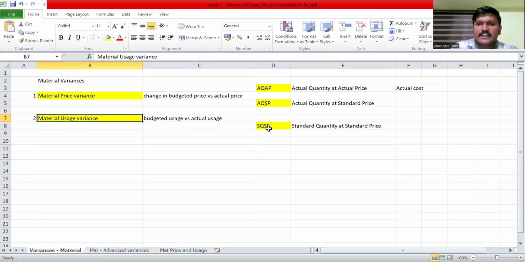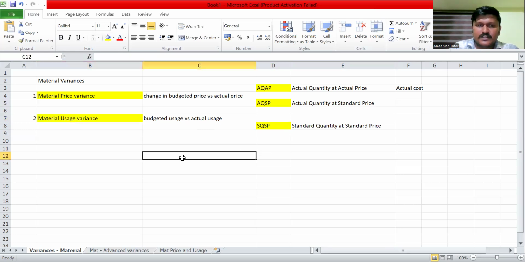So let's consider SQSP now. What is the standard quantity here? Let's consider a little bit of an example. What is the difference between an actual quantity, a standard quantity and a budgeted quantity? We have to look at these things very carefully.